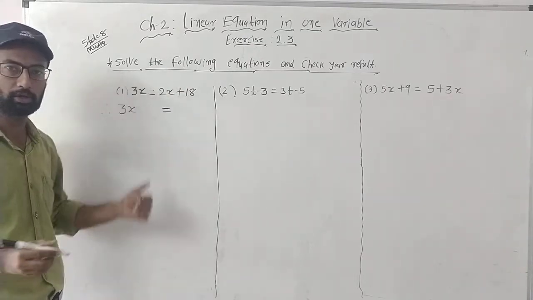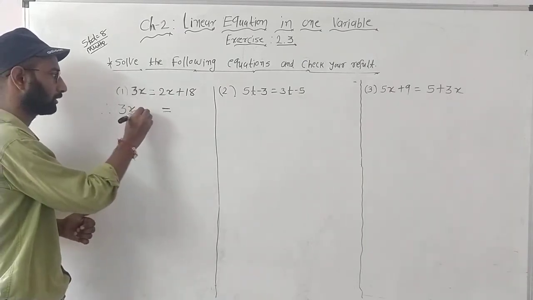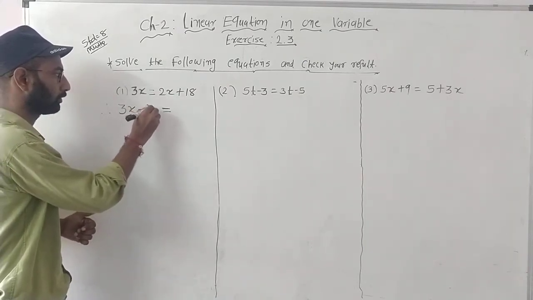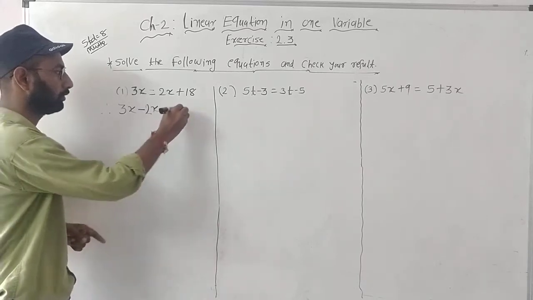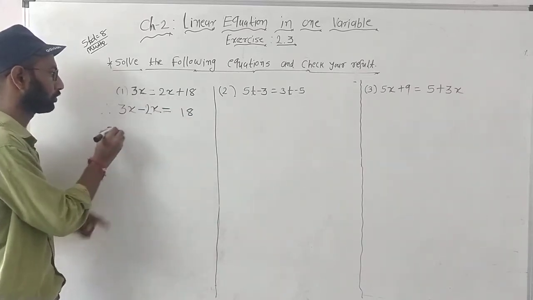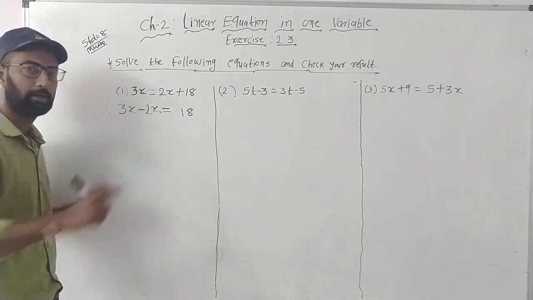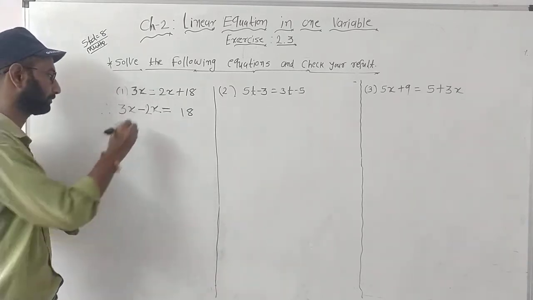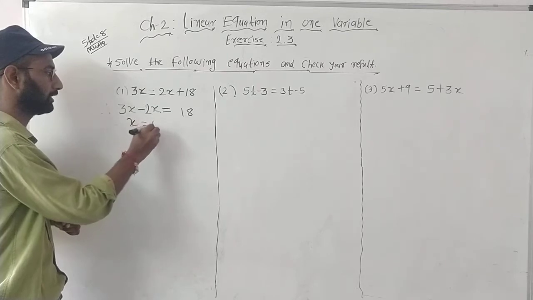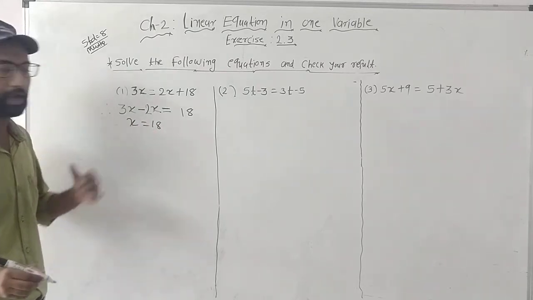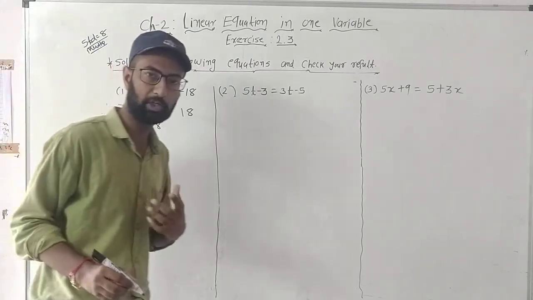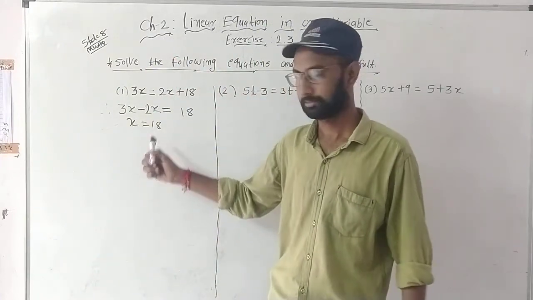This 2x will go to the left side, so it will become minus 2x is equal to 18. So 3x minus 2x, how many x? 3x minus 2x is 1x. 1x is equal to 18. Means I found the value of x is 18.